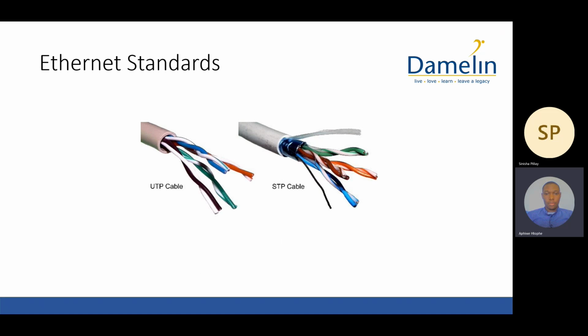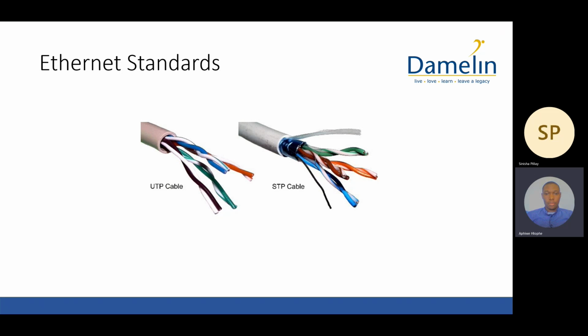Then we have our Ethernet standard. With Ethernet cables, you can have either RJ11 or RJ45. RJ11 connects to our phones, okay? Telephone networks or telephone cables. And then we have RJ45, which is the thicker one, the one that goes into our computers.